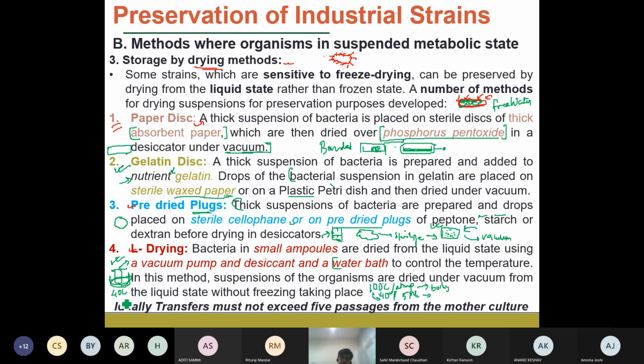And we have seen that the preservation of the strains requires subculturing of the cells. So it is ideally suggested not to transfer more than 5 passages from the mother culture. The mother culture is the first culture that you obtain.